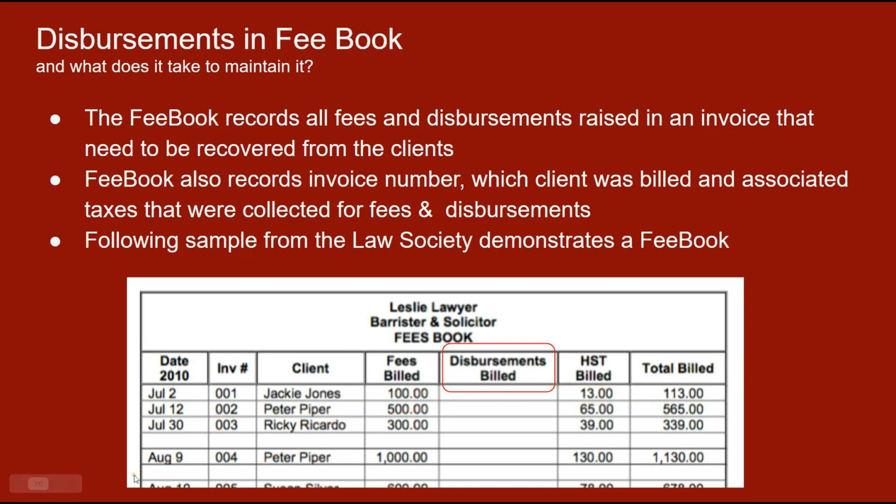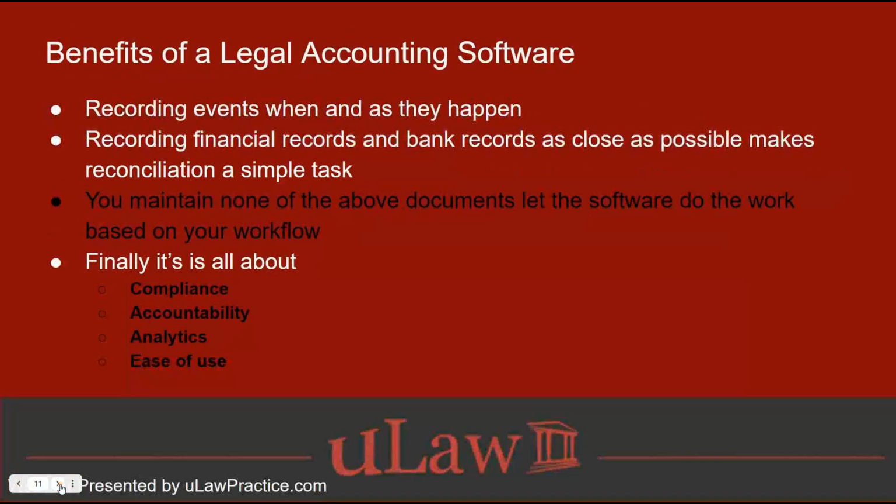And the total bill. So this needs to be recorded on a monthly basis. These 5 important documents, 2 ledgers, 2 journals, and the fee book, on a regular monthly basis, let's say, so that you can stay on top of those bookkeeping compliance requirements.